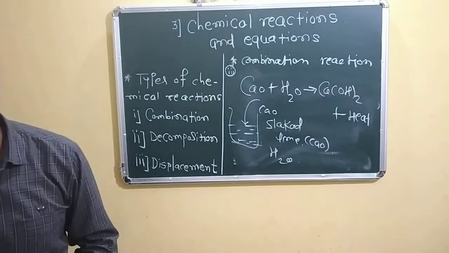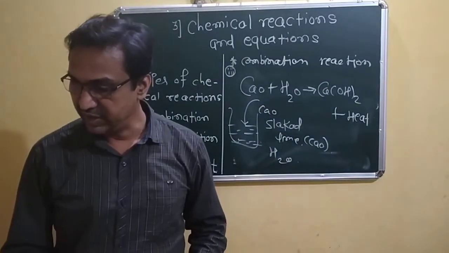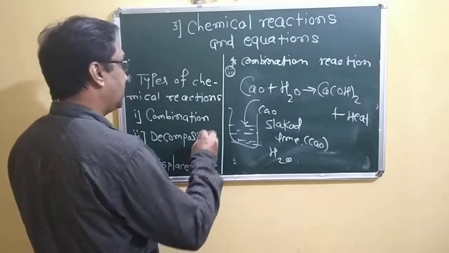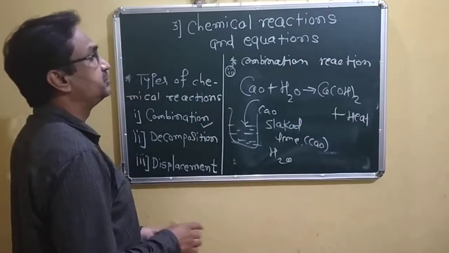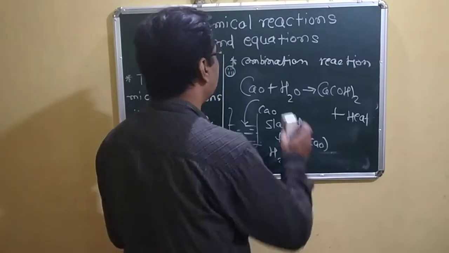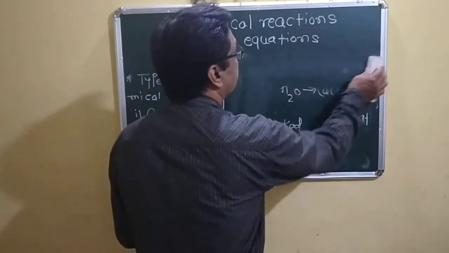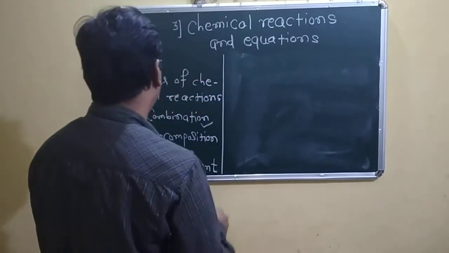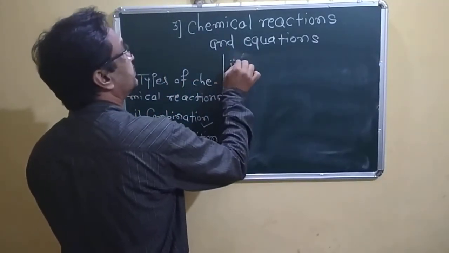When two or more reactants combine in a reaction to form a single product, it is called a combination reaction. I think you have understood how the combination reaction takes place. Now the second type we will discuss is the decomposition reaction.